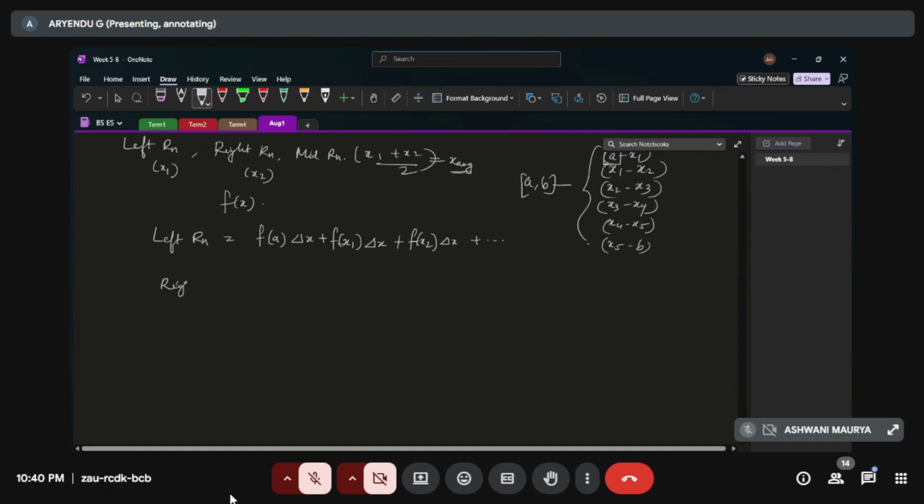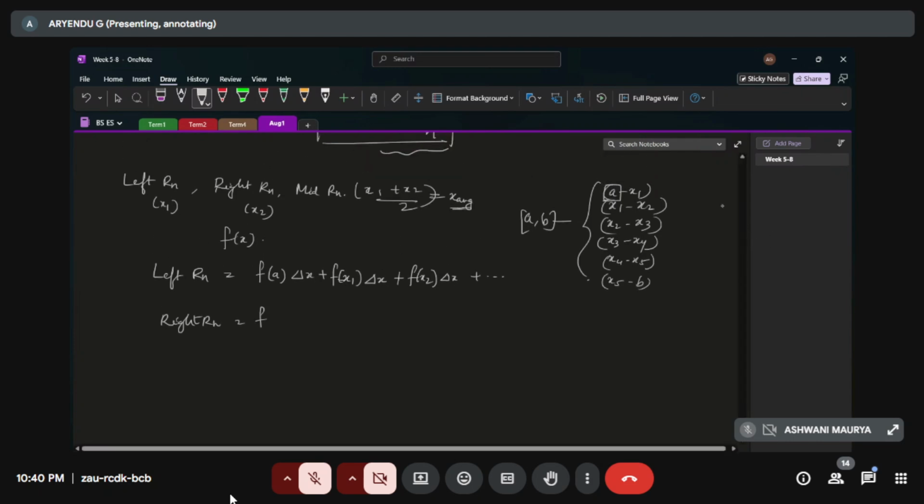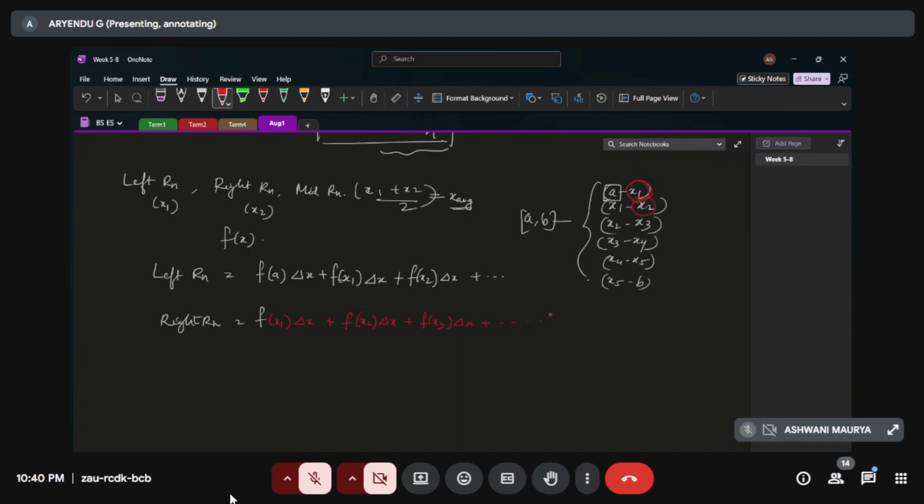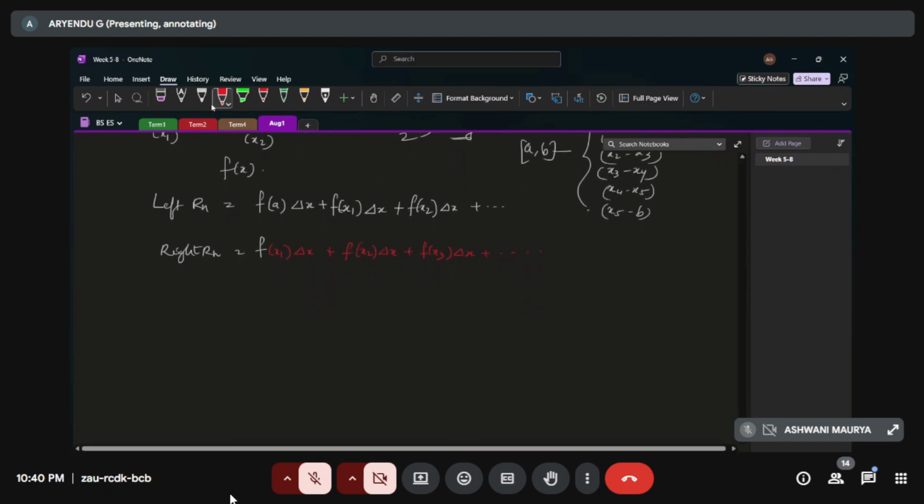And then the right Riemann sum is f of the last one we have to take. So here it will be x1. So f of x1 into delta x plus here will be x2, f of x2 into delta x plus f of x3 into delta x, and so on. That is how we have to take the right Riemann sum.